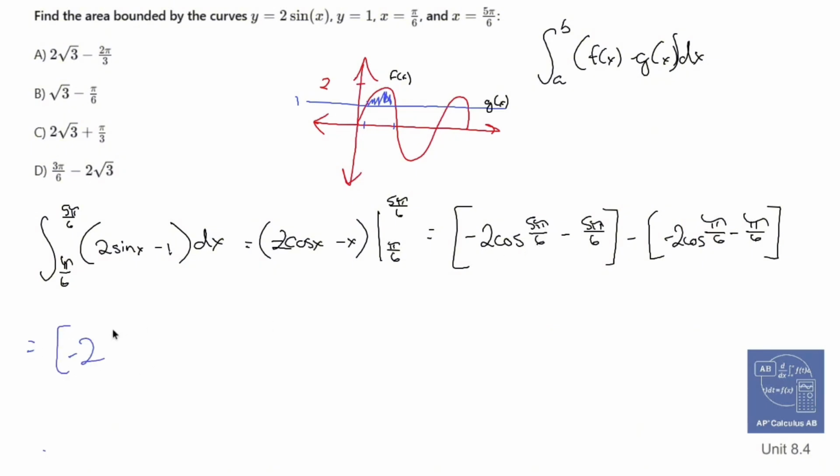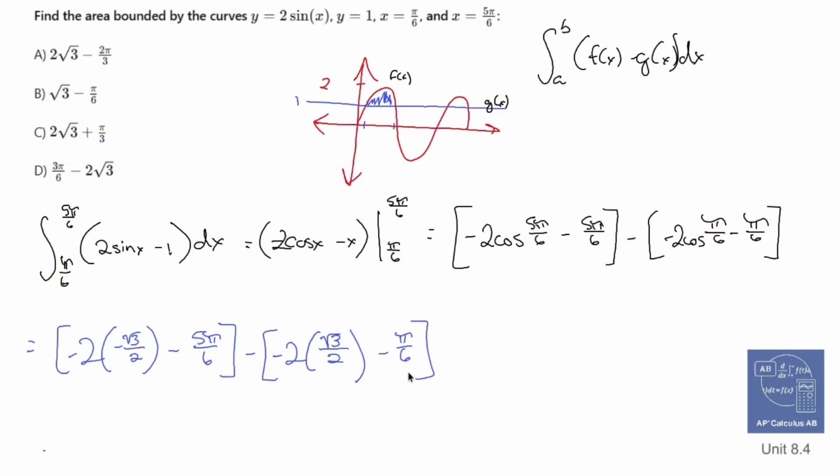The cosine of 5 pi over 6 is negative root 3 over 2, minus 5 pi over 6, minus negative 2 times the cosine of pi over 6, which is positive root 3 over 2, and then we have minus pi over 6.